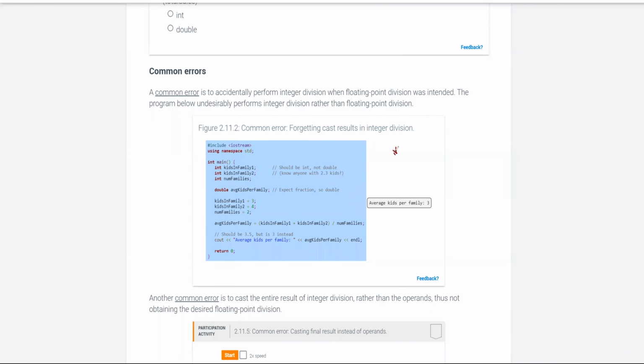For example, if I have 5 and 4 as my two families, and I divide by 2, the average is supposed to be 9 divided by 2, which is 4.5, right? So this is the answer it should be. But if you're using integer division, you get the answer as 4 right here. So that's the problem.